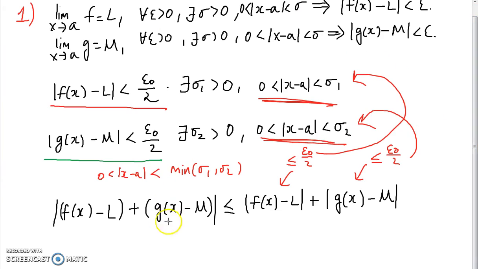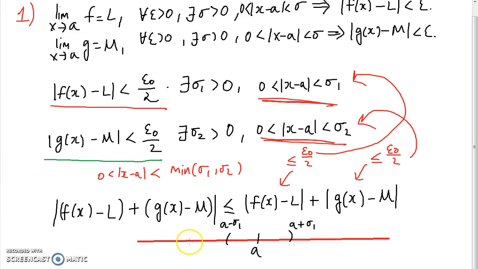Well, let's take a look at a number line over here, and let's suppose that this is a, and this is an interval of width 2 delta 1, and perhaps this is a larger interval. Perhaps delta 2 is a bigger number, so of width 2 delta 2.